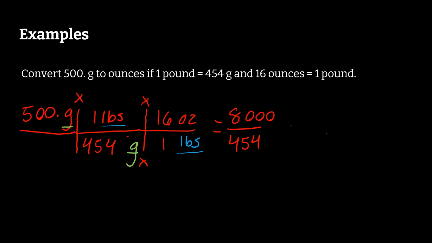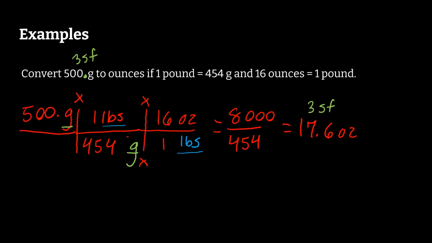Dividing those, we'll end up with 17.6 ounces. Now, our 17.6 ounces is still adhering to the number of significant figures. So if we take a look at our 500, because of this decimal point, this has 3 significant figures, which means that our answer should also have 3 significant figures in it.